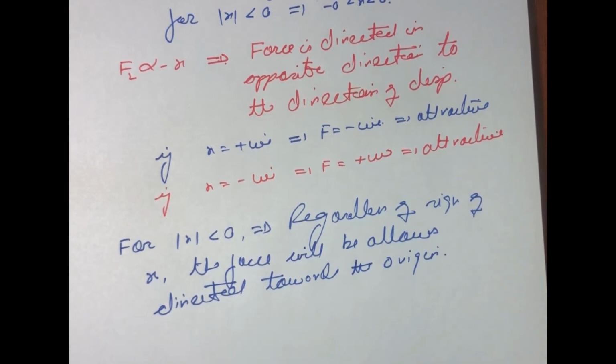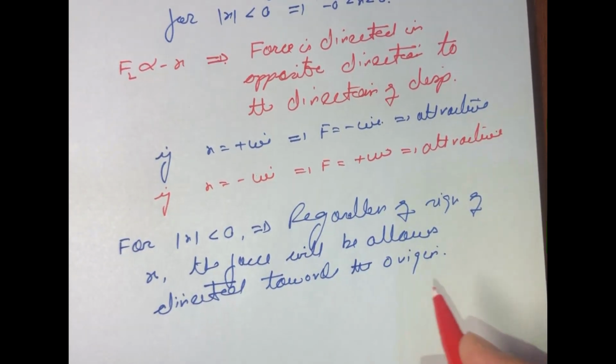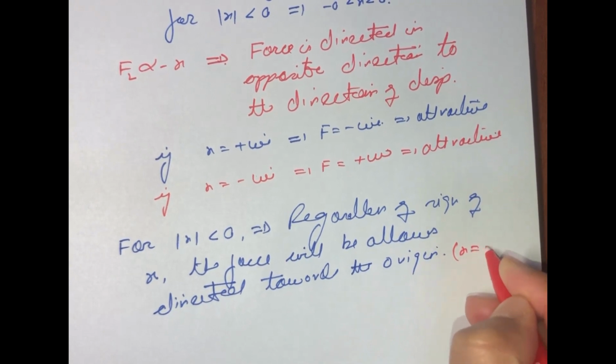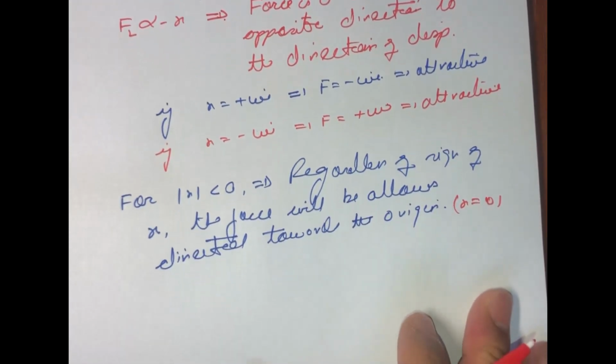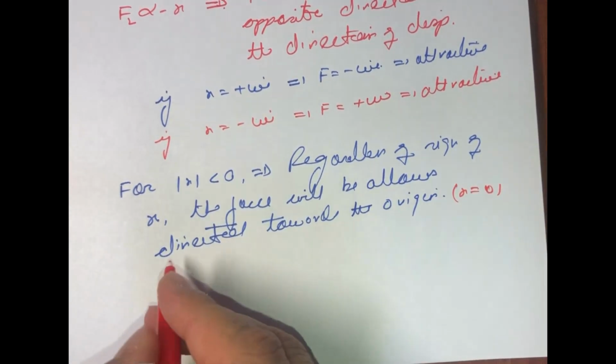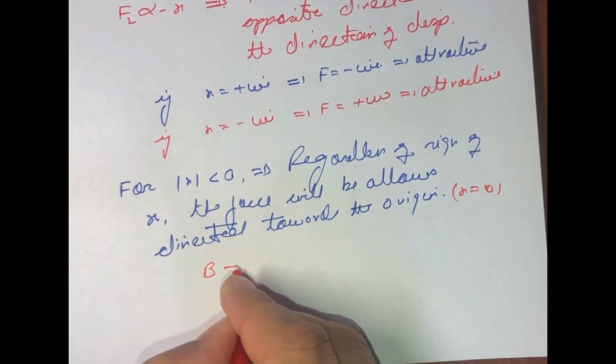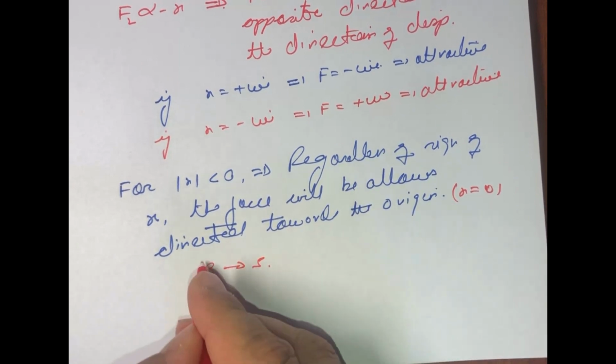Okay. So origin means at x equal to 0. So it means B is going to have S as one of its correct options.